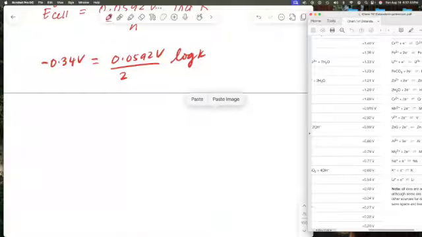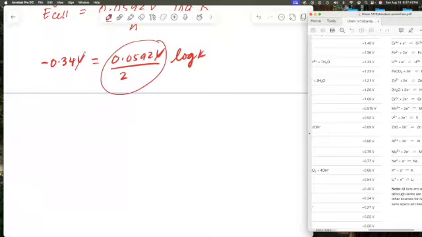So can we solve for log K? Let's see. I'm going to divide this part here, right? We can leave out the units. So I'm going to have 0.0592 divided by 2.